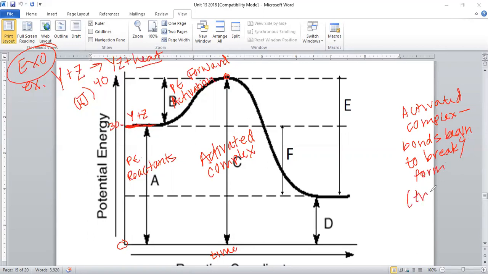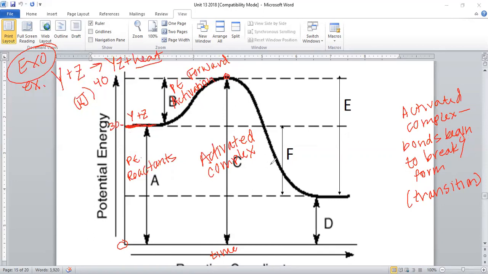It's the transition. Okay, so I'm at the top of the hill, and the arrow goes all the way down to 0 and all the way up to 40, which means it took 40 kilojoules of heat to get to the activated complex.